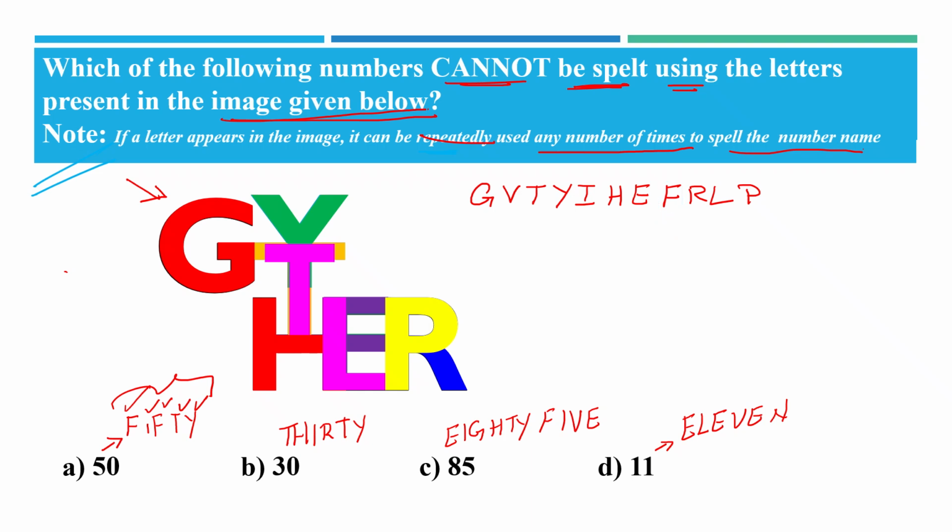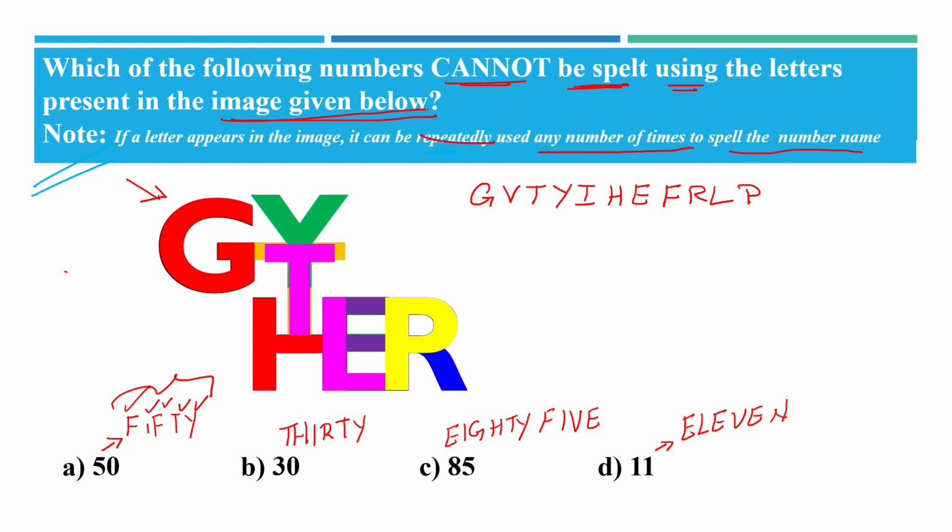So here we go, T, H, I, R, T, Y. So 30 can be spelled. Great. Let's check the next number name, 85.